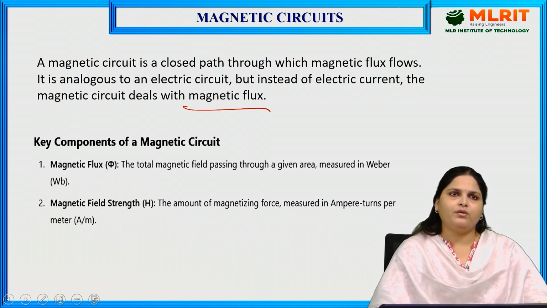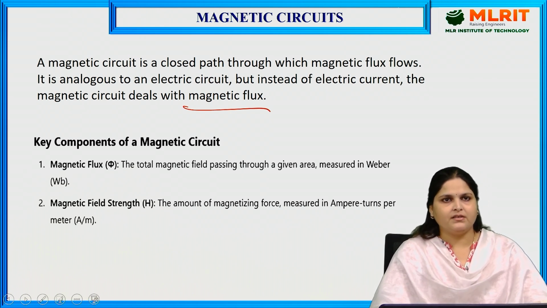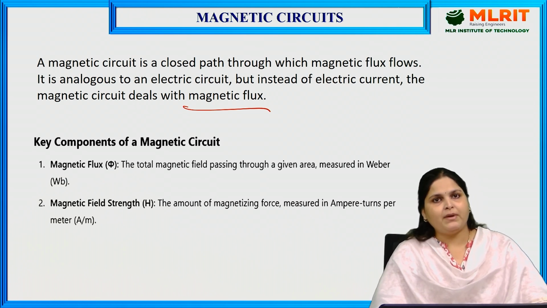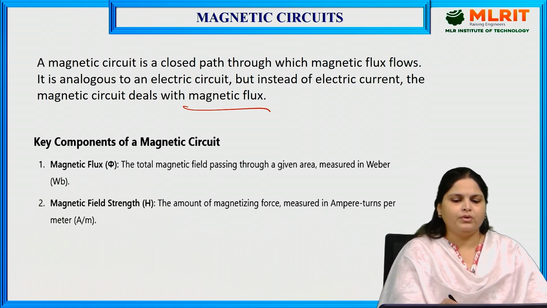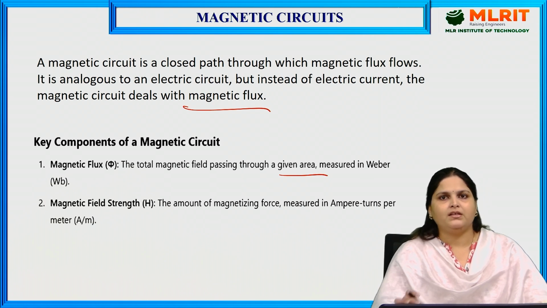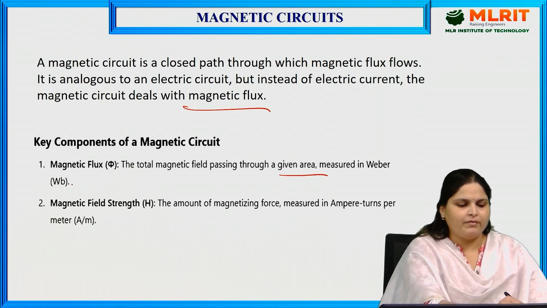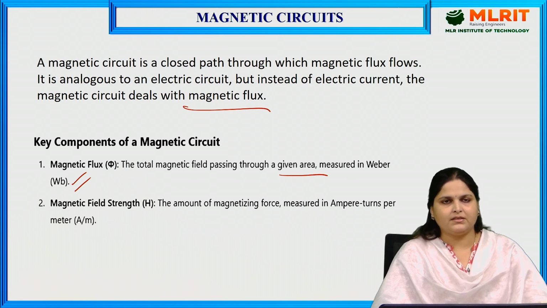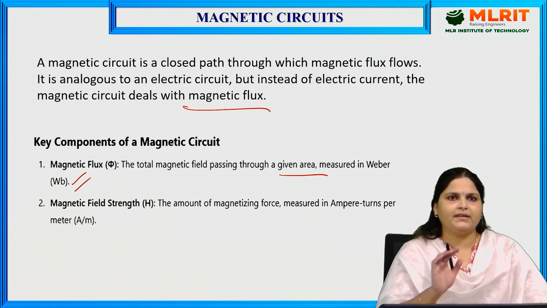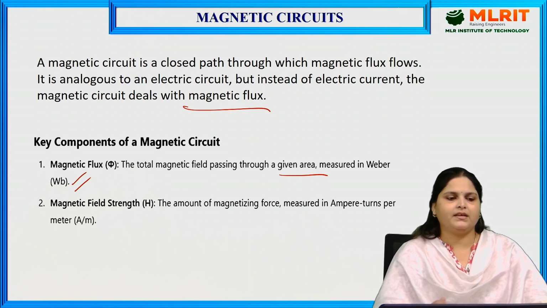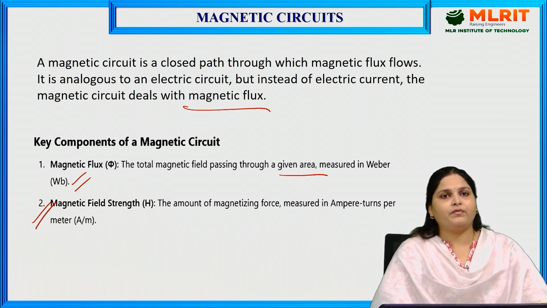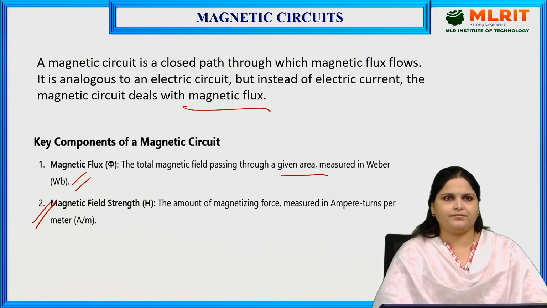If you talk about the key components of a magnetic circuit, the first one is magnetic flux, right? The total magnetic flux passing through a given area, and it is measured in Weber. Next key point is magnetic field strength, or we call it magnetic field intensity.